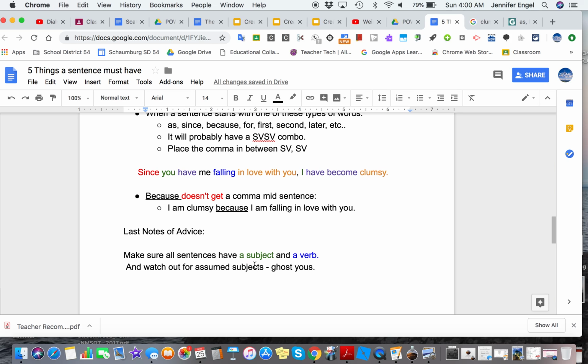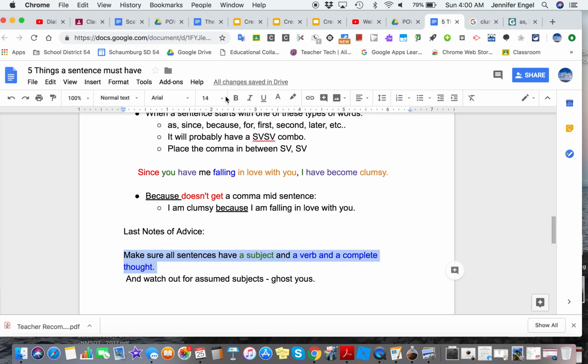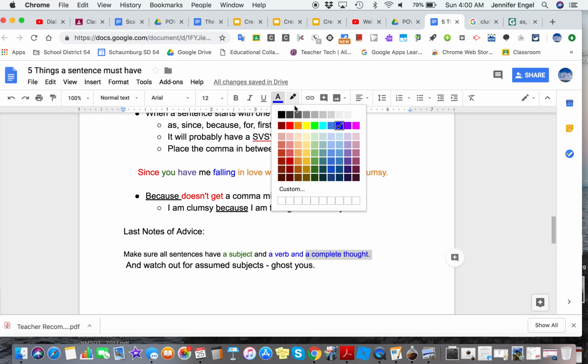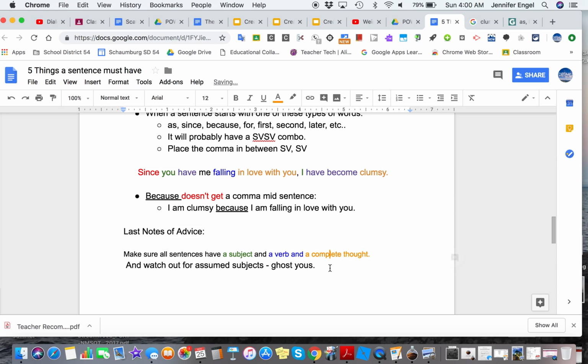Yes, make sure all sentences have a subject, a verb, also that complete thought. All right, let's do that too. And a complete thought, and I've been using that as orange. I don't like that it went on to a second line, so let's just change the font size so it's all in one place. Okay.